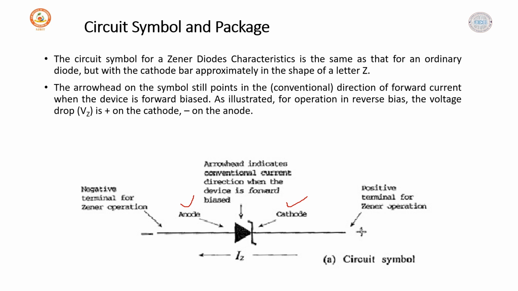Normally it operates under reverse breakdown voltage. So for the operation of a zener diode, it is always operated in reverse bias, where the voltage drop is positive on the cathode and negative on the anode. This is how a zener diode can be connected in a circuit.